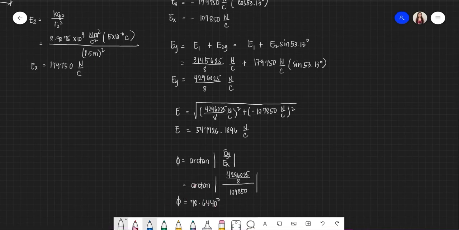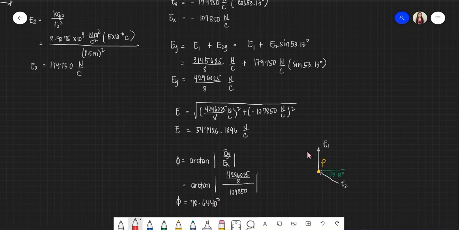But it is in that direction, no? So if we draw that again, if this is point P, and then this is the field by 1, and then this is the field by 2, with this angle 53.13.